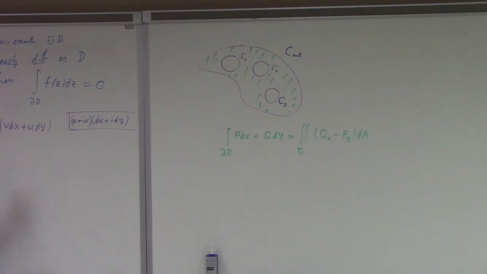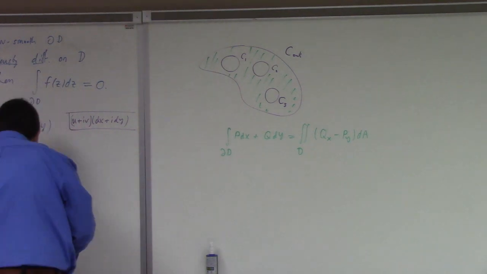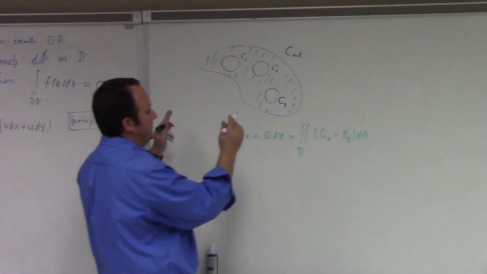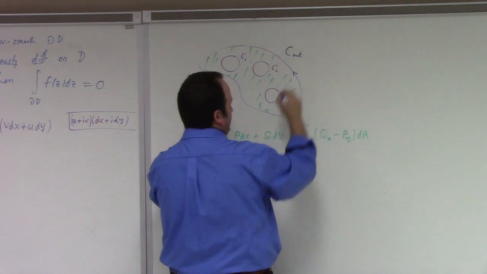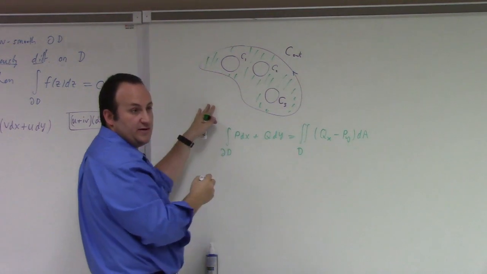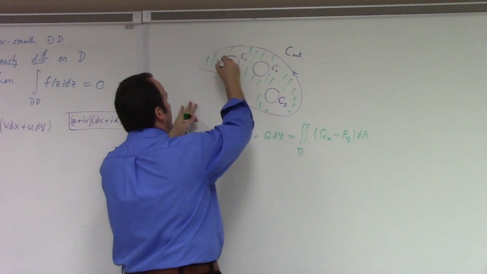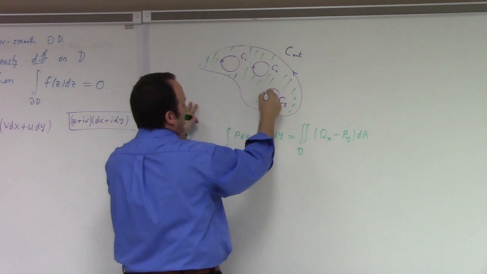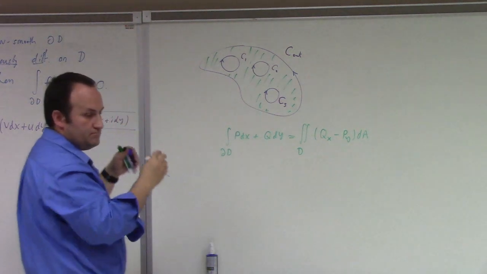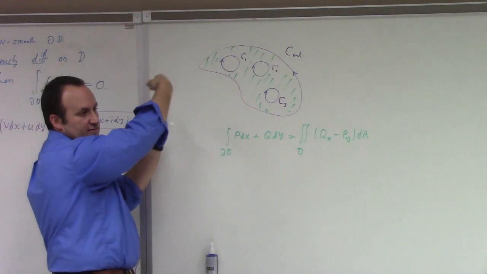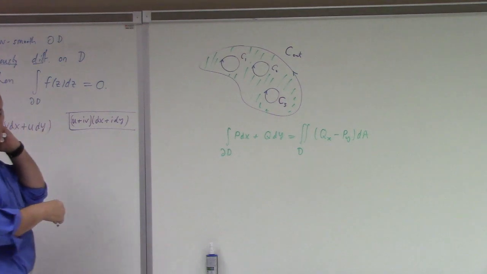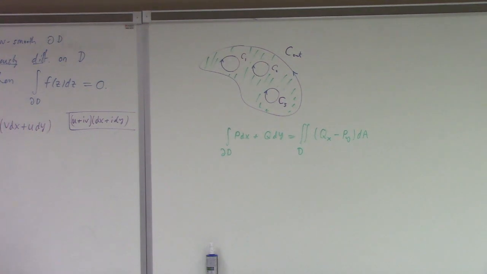So the outer boundary has to be given a counterclockwise orientation, so this boundary out here has to go like that. But inner boundaries have to be given a clockwise orientation, because if you were to walk around the inner boundary that way, the region would be on your left. And with that adjustment to what we mean by the boundary of D, Green's theorem holds for things with holes.